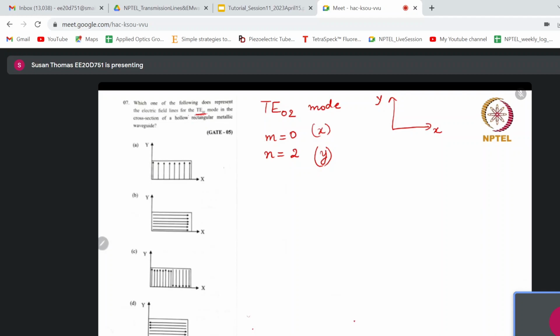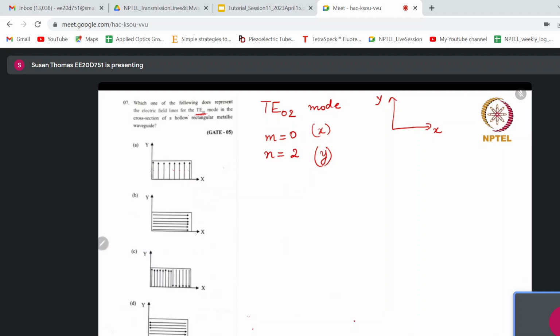So if you see the options here, the first option has a field which is having variation along the x direction.